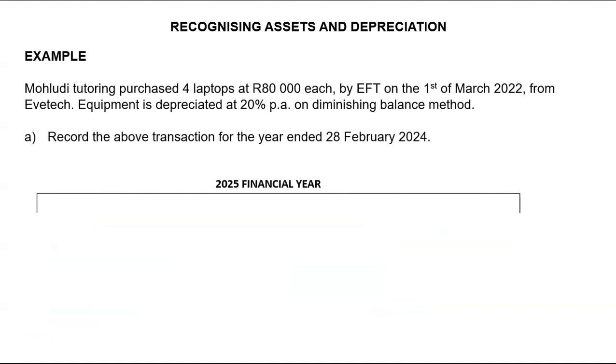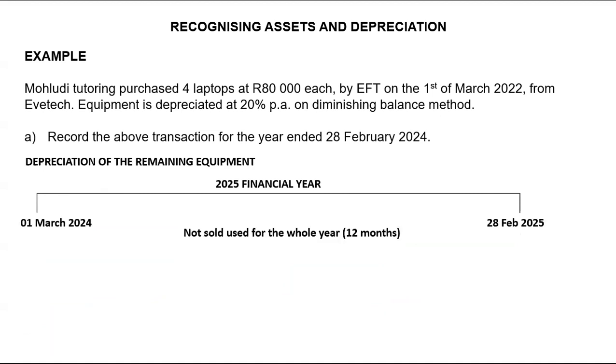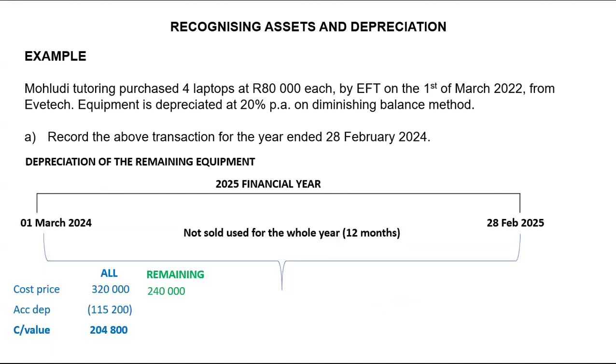Let's calculate depreciation of the remaining. I did talk about it. We're going to take the carrying value of the remaining, which is 153,600, times 20%, times 12 over 12, because the three were used for the entire financial year. That's why we depreciate them over the entire financial year, because they were used from the 1st of March 2024 up until the 28th of February 2025.